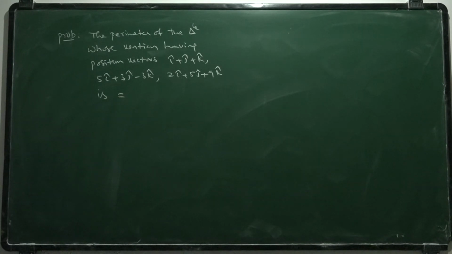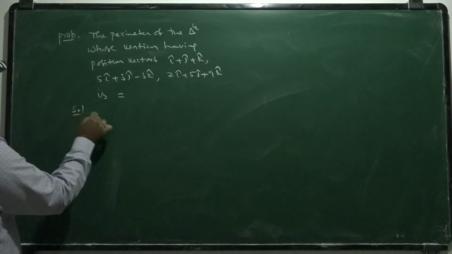The perimeter of the triangle whose vertices are given by the position vectors.